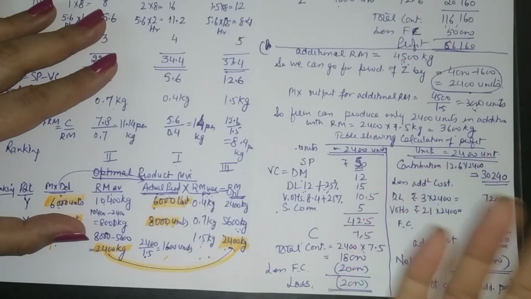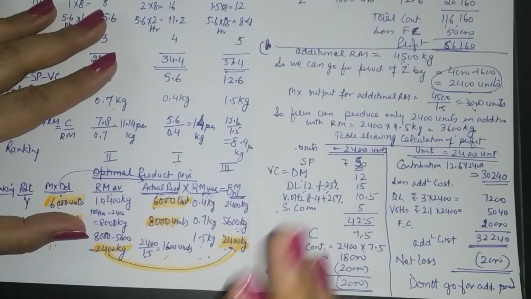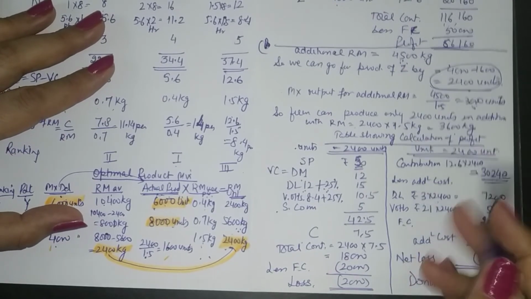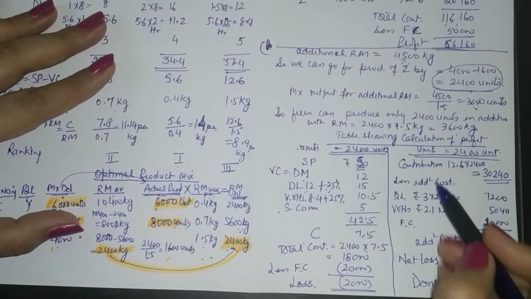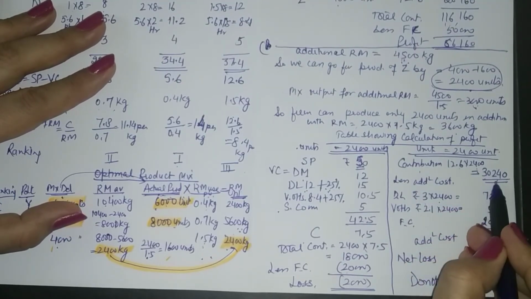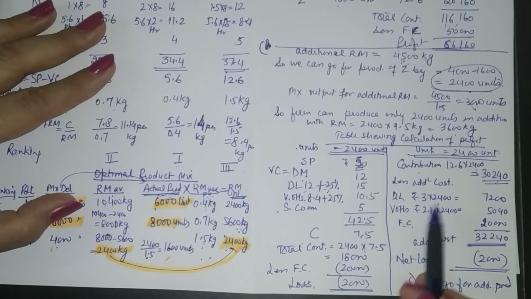Another person may say, why go for all the calculation again? We know that the selling price is going to be there. We know how much contribution each unit is giving us. So why not make the calculation on the basis of only additions, changes? So additional contribution received is going to be 12.6 into 2400. But this will cost you more. So additional cost is labor cost, variable cost.